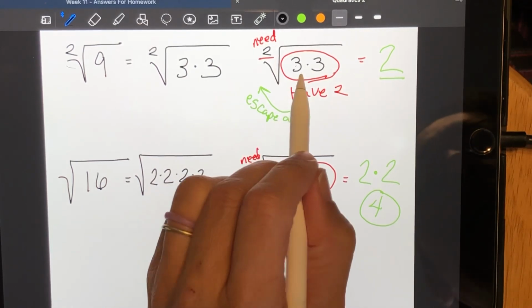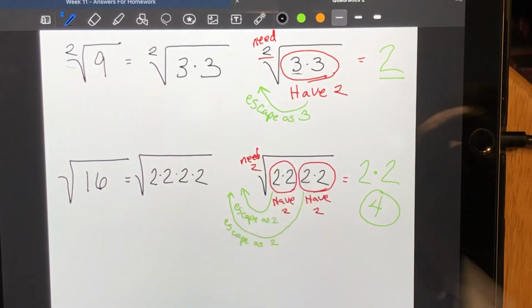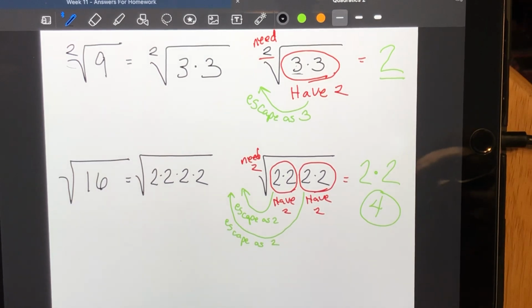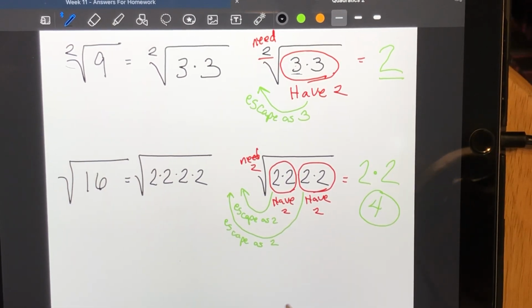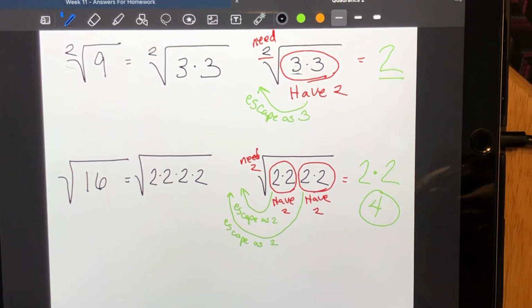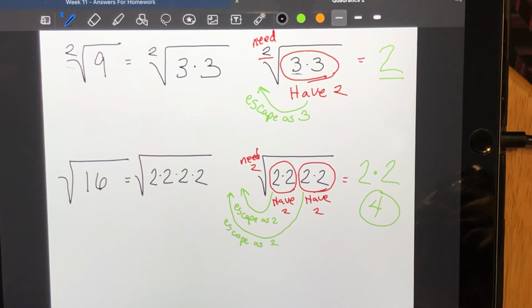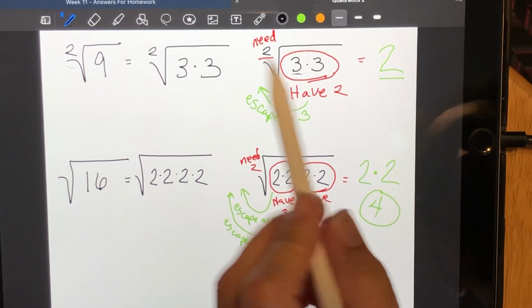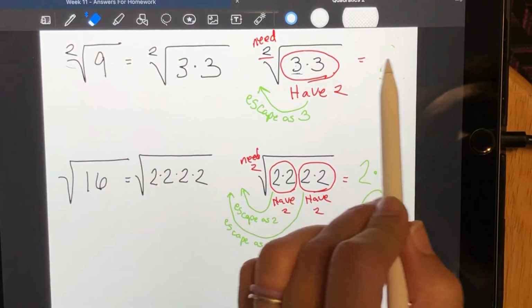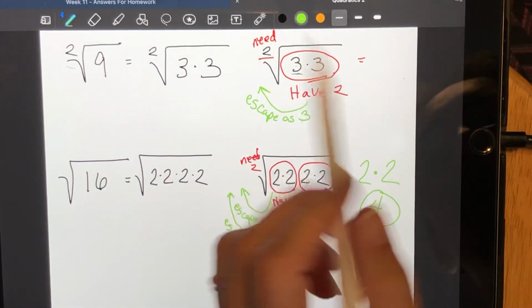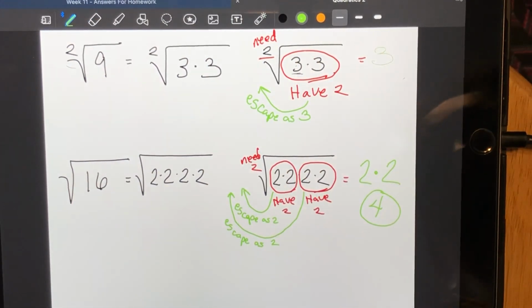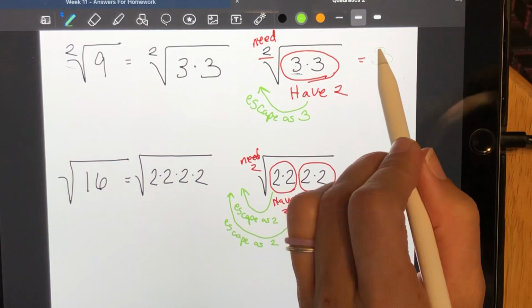It is escaping only as the base of what you needed. So in this case, I needed 2 3s. So if I had a set of cards, I would put those 2 3s together and I would set them aside and it would just be a 3. And this is written wrong on there. So it escapes simply as a 3.